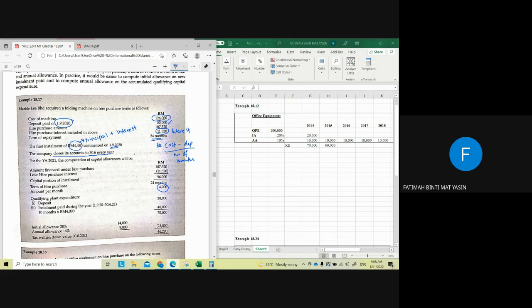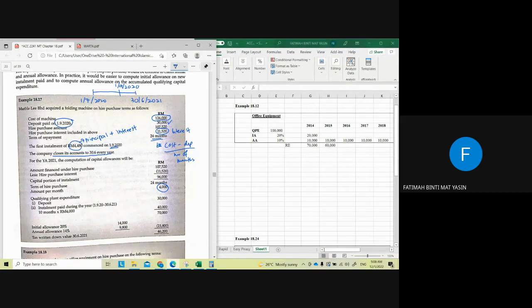Then they acquired this machine on 1st September 2020. So you need to know the basis period. If they close their account on 30th June, it means 1st July until 30th June. They acquired it on 1st September 2020, so this one should be 2020 and this one should be 2021.